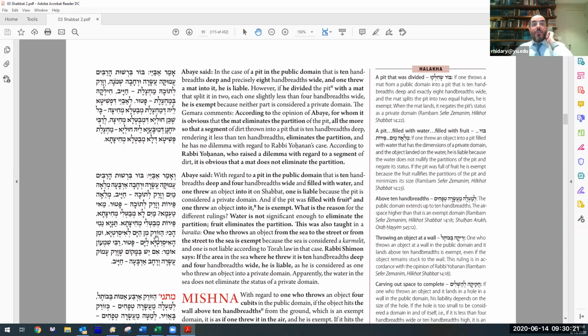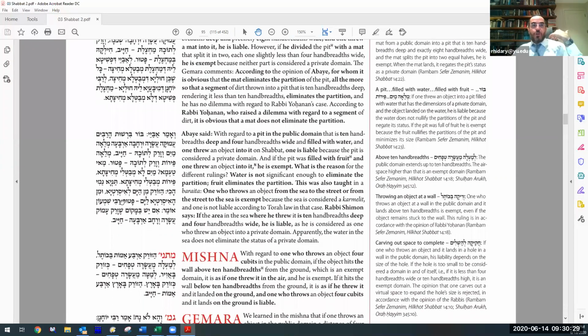Tanyana mehachi, we have a baraita that proves that this is in fact the case, what Abaye said. Hazorek min hamayim leistera. Istera is a Greek word that's the same root as our word street. Right, you can see the letters in there, just mixed up a little bit.